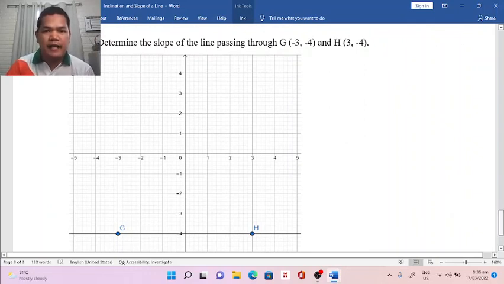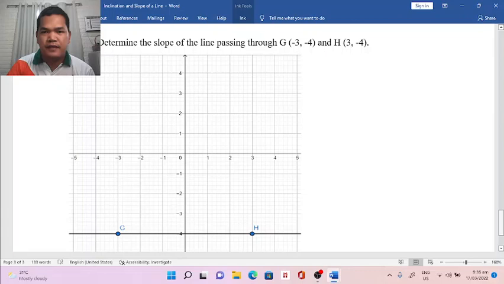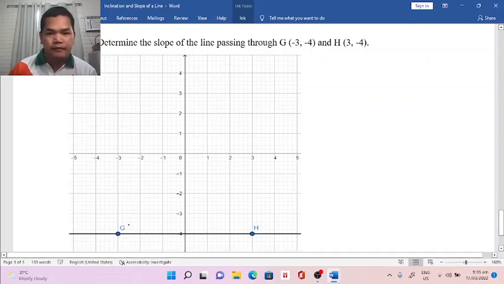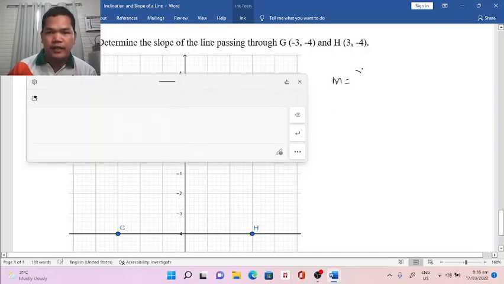Determine the slope of the line passing through negative 3, negative 4, and 3, negative 4. So with this, we will have m is equal to y sub 2 minus y sub 1 over x sub 2 minus x sub 1.